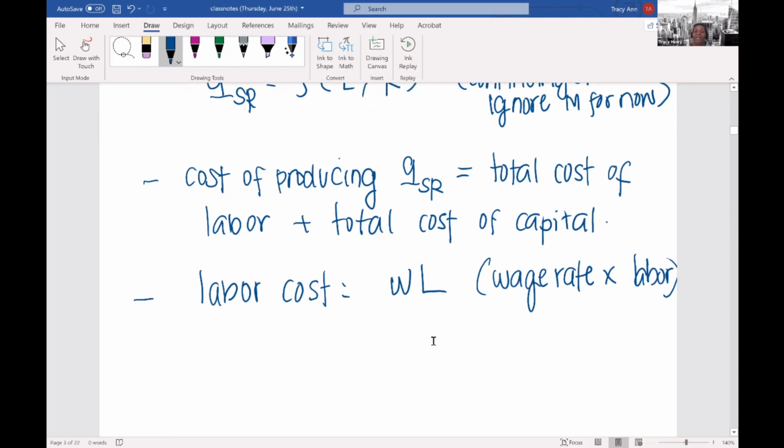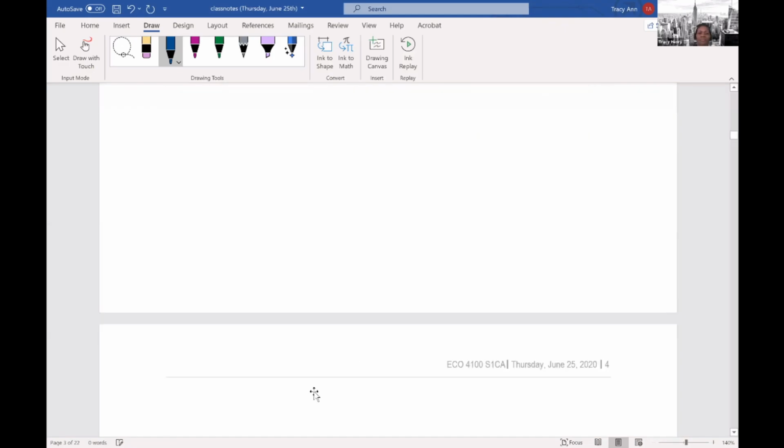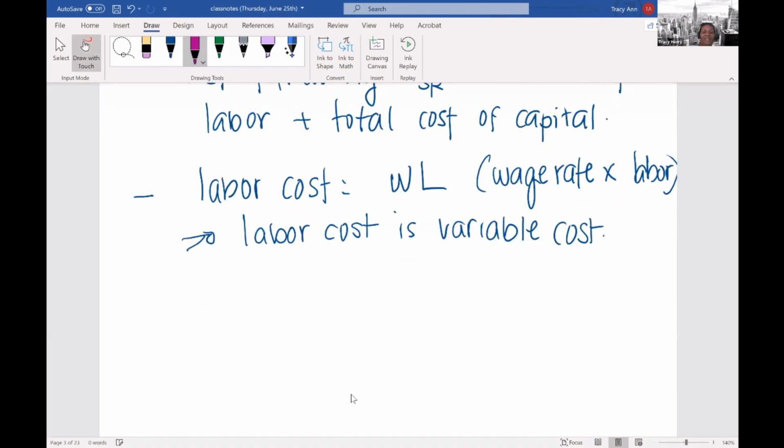Because labor is variable, your labor cost is also a variable cost. So when I think about my production function, I can essentially say right here that my variable cost, VC, is equal to WL.